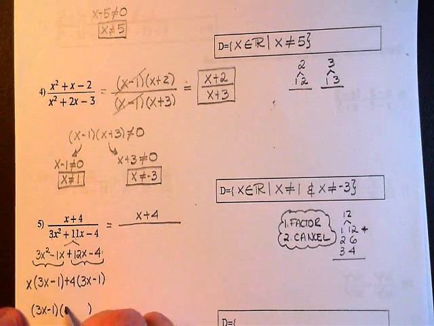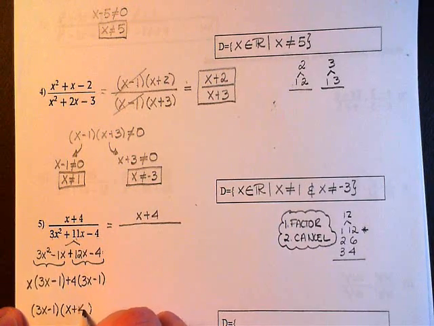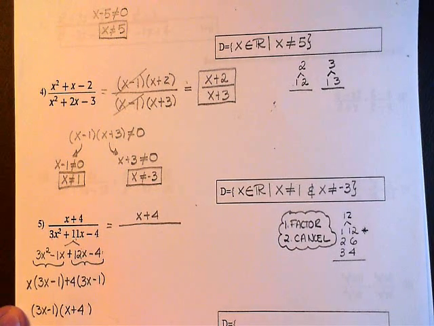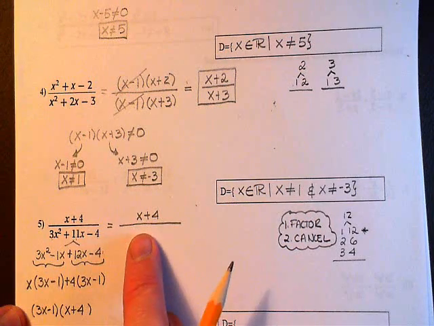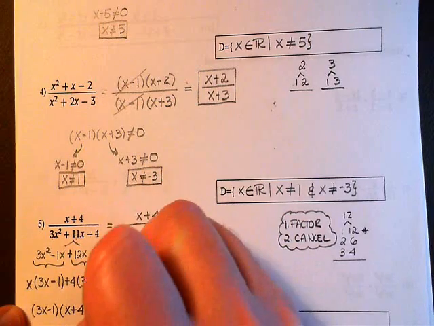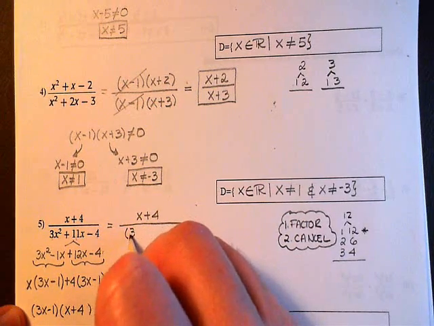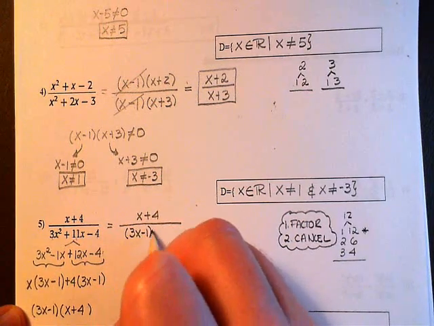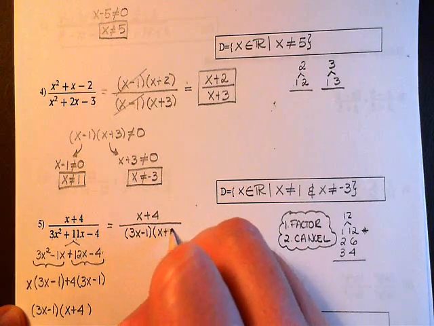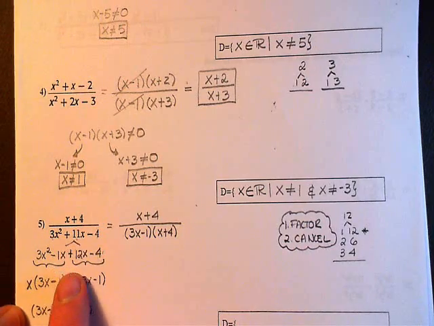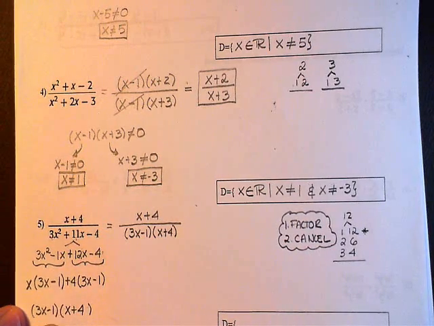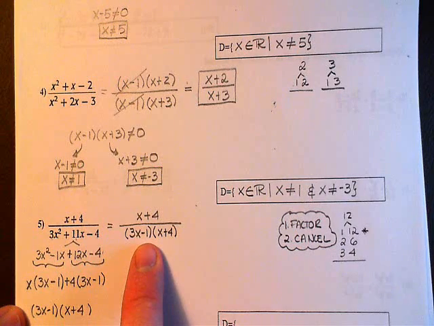So I put that in the second parenthesis, x plus 4. Okay, so now that I know them, I'm going to move over here my factors, which are 3x minus 1, x plus 4. So this was my denominator. This was all the process I did to get my factors, and then I put my factors there.